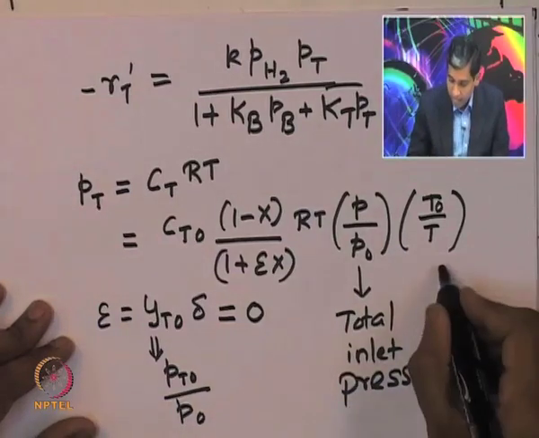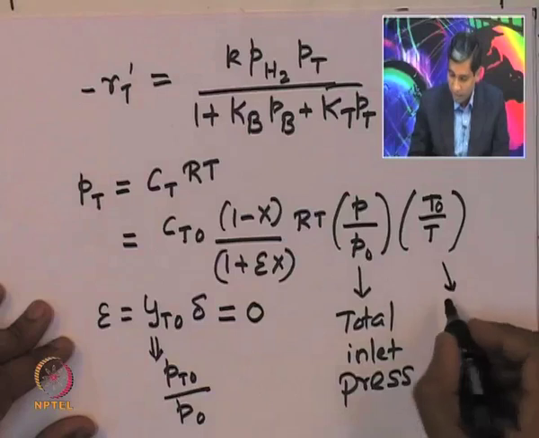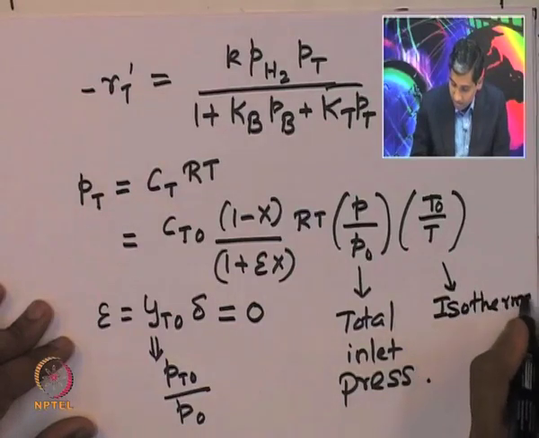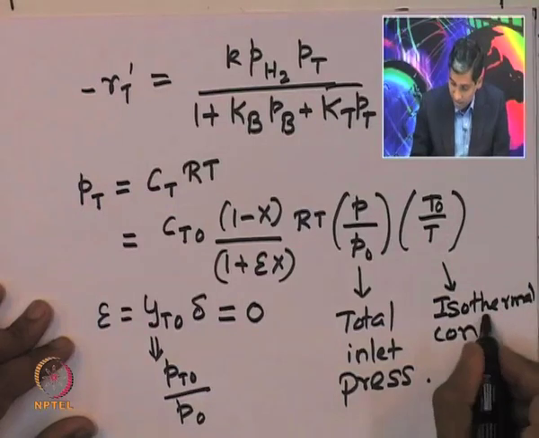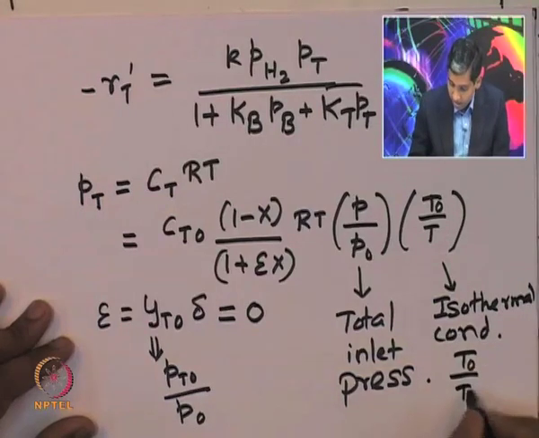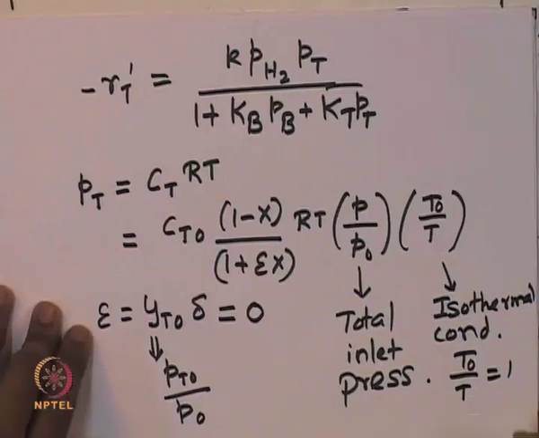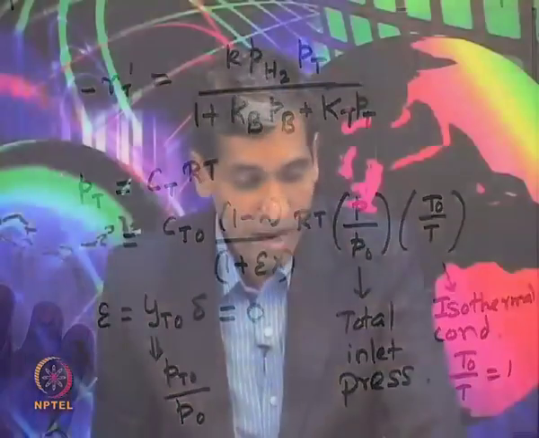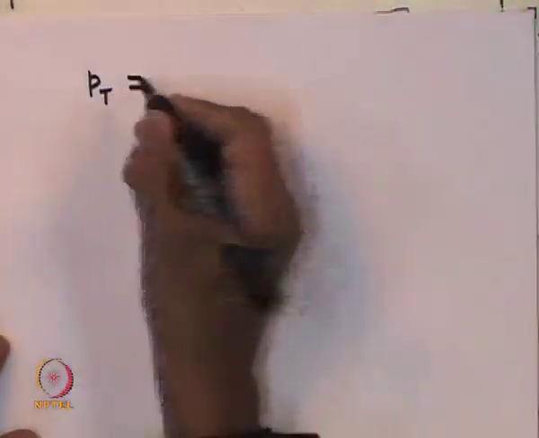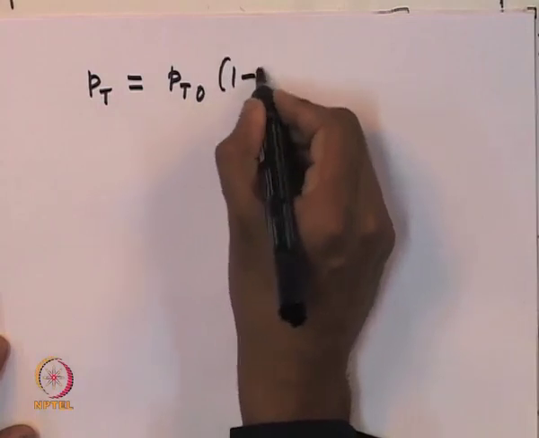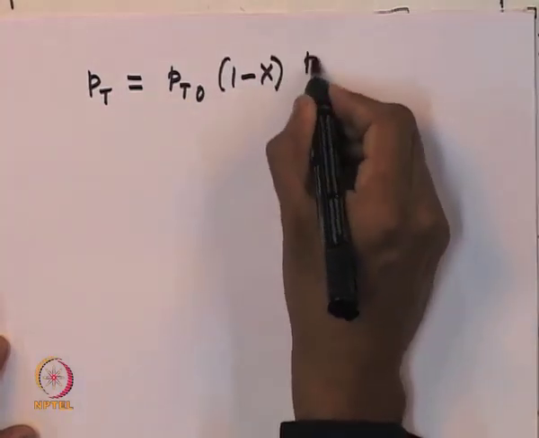And if we assume the reaction is conducted under isothermal conditions, then T by T0 is equal to 1. So, using these assumptions, we can express the partial pressure of toluene in terms of the conversion as P_T0 multiplied by (1 minus x) times P by P0.